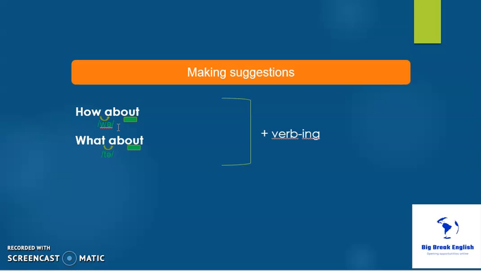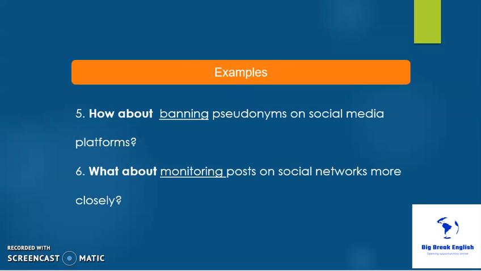How about, in the same way that about, second syllable stress, and consonant sound links with the beginning of the following word, which is a vowel sound. So it's what about, and these are followed by the verb with ing, or the gerund. Let's take a look at a couple of examples.